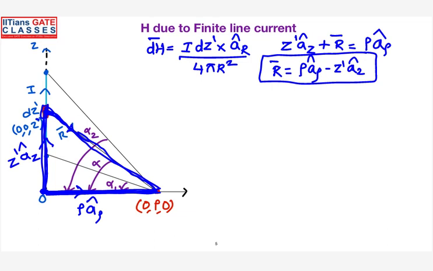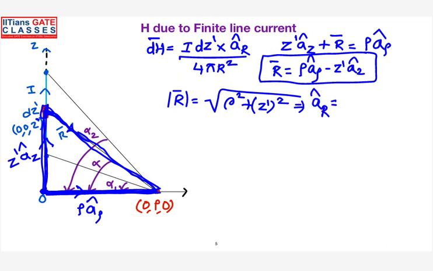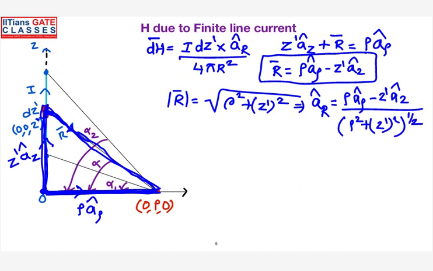And what will be the modulus of R bar? That will be root over rho square plus z prime whole square. So the unit vector along R bar is equal to rho a_rho cap minus z prime a_z cap, divided by (rho square plus z prime square) whole power 1 by 2.